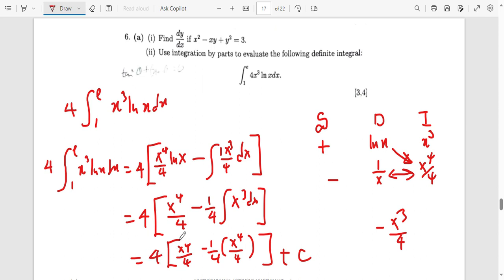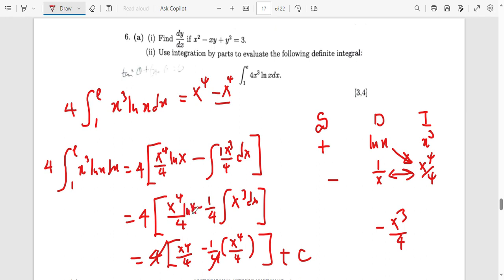Distribute the 4 times x to the power 4 over 4. That is just going to be x to the power 4. Okay. And then this 4 also cancels with this 4. So I'm going to have negative 1 times x to the power 4 over 4. That will be negative x to the power 4 over. Oh, I actually forgot something here.